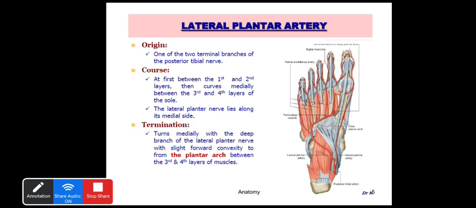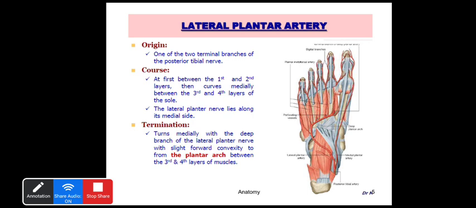The second layer is formed by the tendons of flexor digitorum longus and flexor hallucis longus, of course a very important muscle. There also comes the flexor digitorum accessorius, otherwise called quadratus plantae. So in between these two layers, then it curves medially between the third and fourth layers.